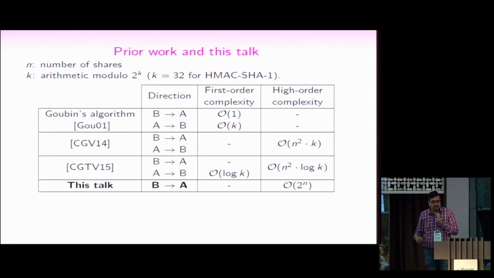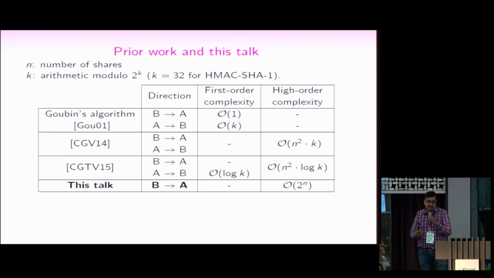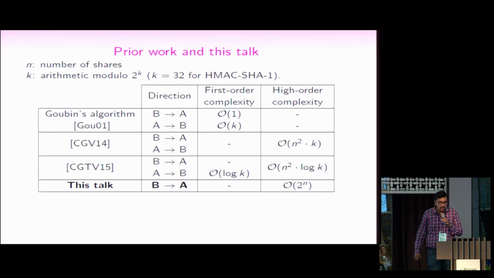Then Coron, Großschädl, and Vadnala at CHES 14 proposed higher order Boolean to arithmetic as well as arithmetic to Boolean conversion algorithms that work for any arbitrary number of shares, and its complexity is of order n squared k. The same authors, along with Tibouchi, at CHES 15 improved this complexity to order n squared log k.